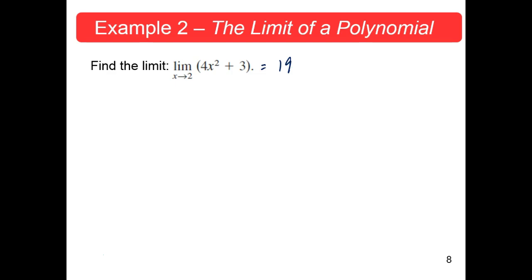Now, I suspect what they're going to do is say the limit as x approaches 2 of 4x squared plus the limit as x approaches 2 of 3, and then say, oh, but this is the same as 4 times the limit as x approaches 2 of x squared.